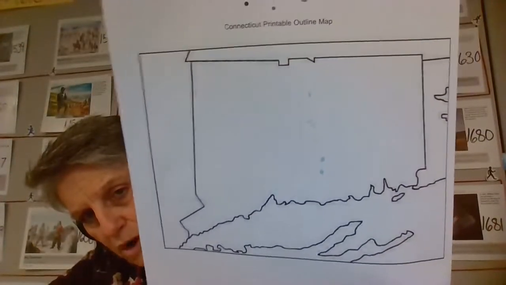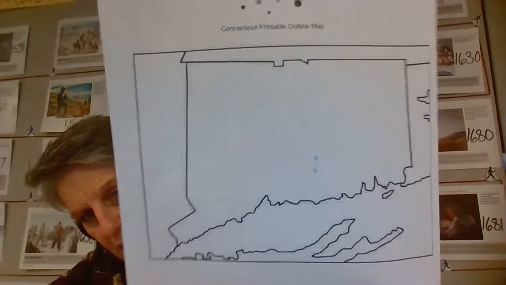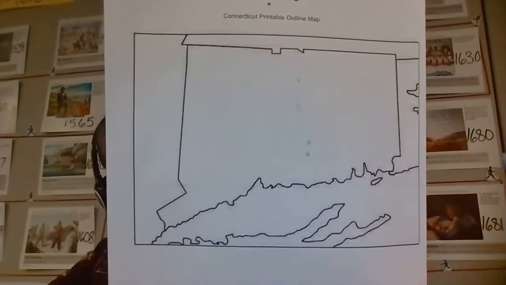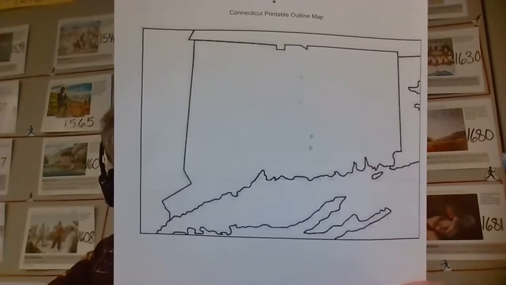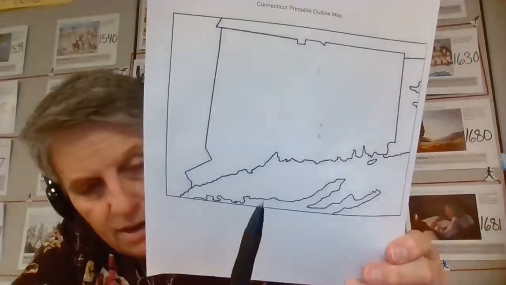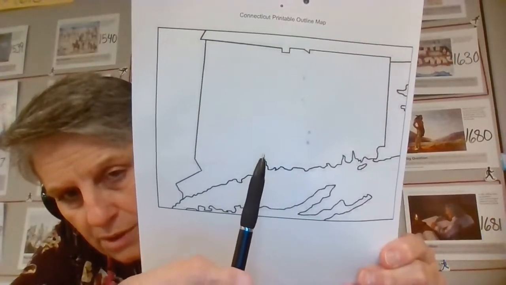In your Bright Thinker, you should have this map. Mine has a little bit of blue on it because my key bled through when I was making up the key. But this is the map of Connecticut. We're going to label Hartford, New Haven, and the Connecticut River. New Haven is where the original colony of Puritans settled, and it is located pretty much right there above that bump.